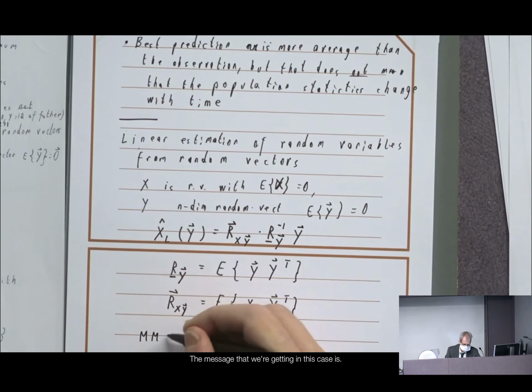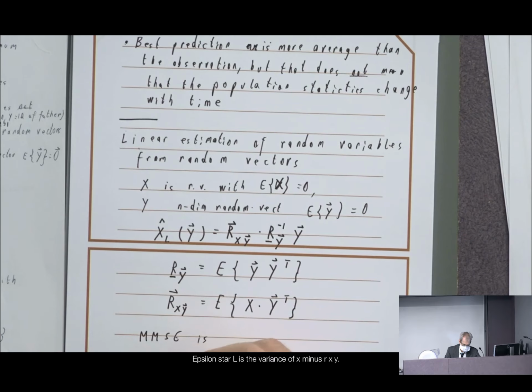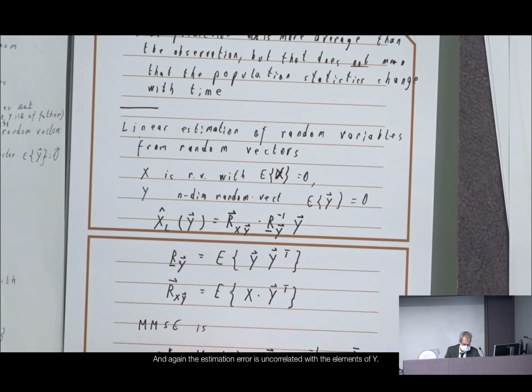The MMSE that we get in this case is epsilon star L. It's the variance of x minus R_xy R_y to the power of minus 1 times R_xy transpose. And again, the estimation error is uncorrelated with the elements of y.